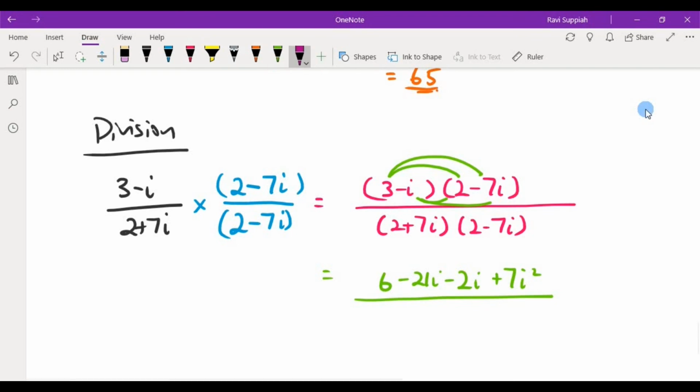The denominator is 2 times 2 which is 4, negative 14i, plus 14i, and negative 49i squared.